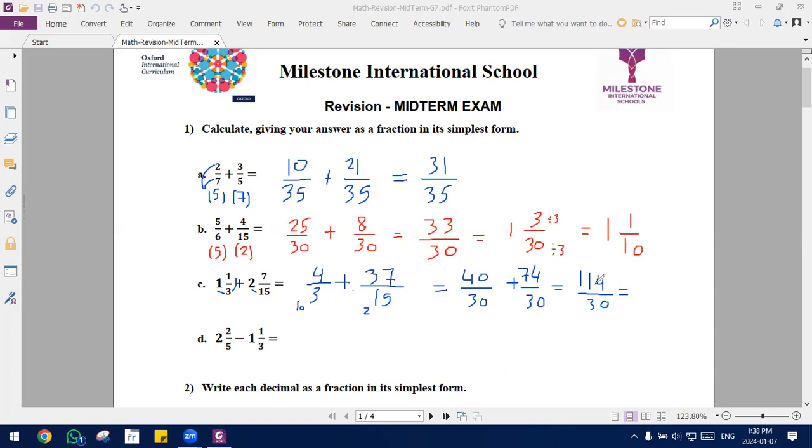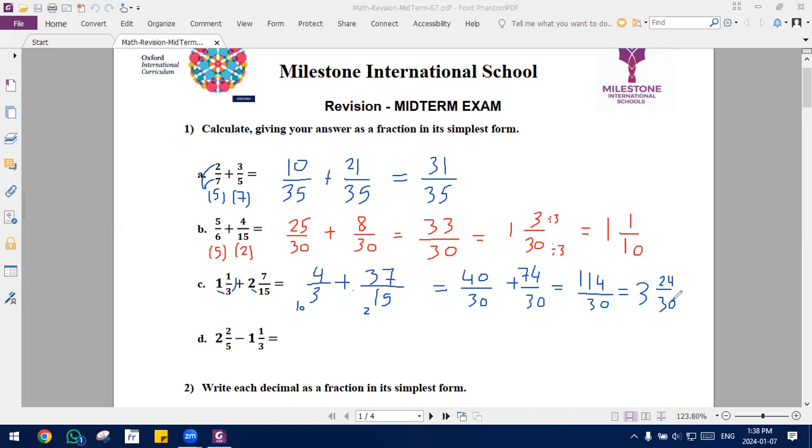So 114 divided by 30, how many 30s in 114? We have 3, which is 90, because 3 times 30 is 90. What is left from 114? There is 24. 24 over 30. Now we check the fraction.